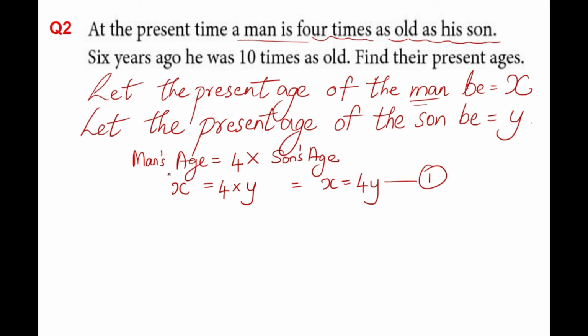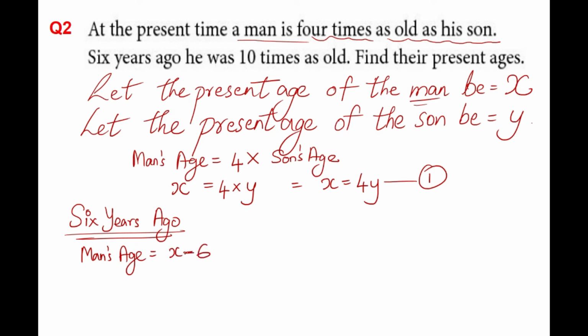6 years ago. Now from the present ages to be x and y, we write the man's age should be x minus 6 because it's the past, 6 years ago. And the son's age should be y minus 6.